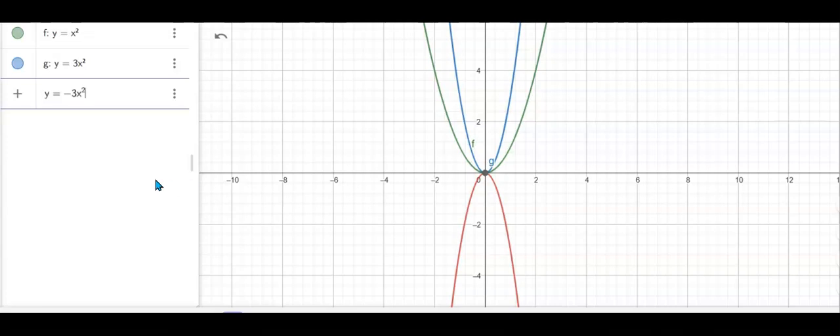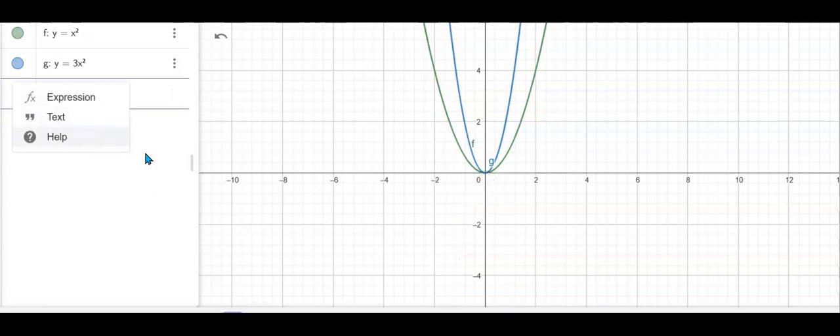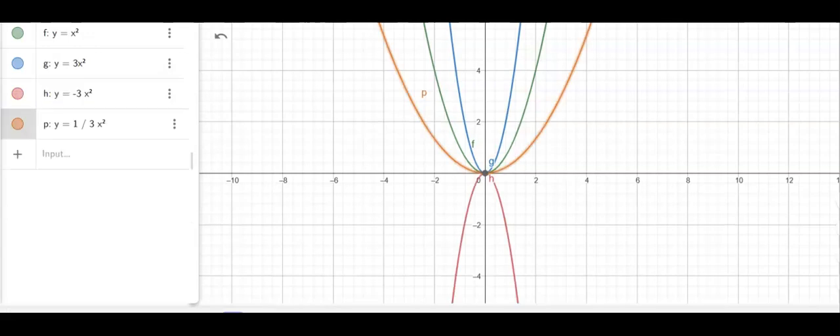What if it's, let's say, 1/3 x squared? I just graphed y equals 1/3 x squared. This is the orange color. As you can see, it still has the axis of symmetry, which is the y-axis.